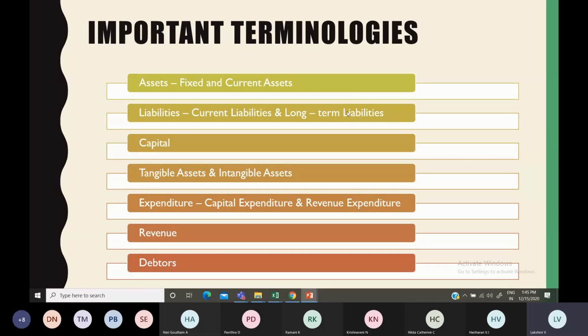It is treated as a debt only. Debentures are treated as debt, and you have to repay them. Under that there are redeemable and irredeemable types. Generally debentures come under the long term liabilities. That's all we require here.